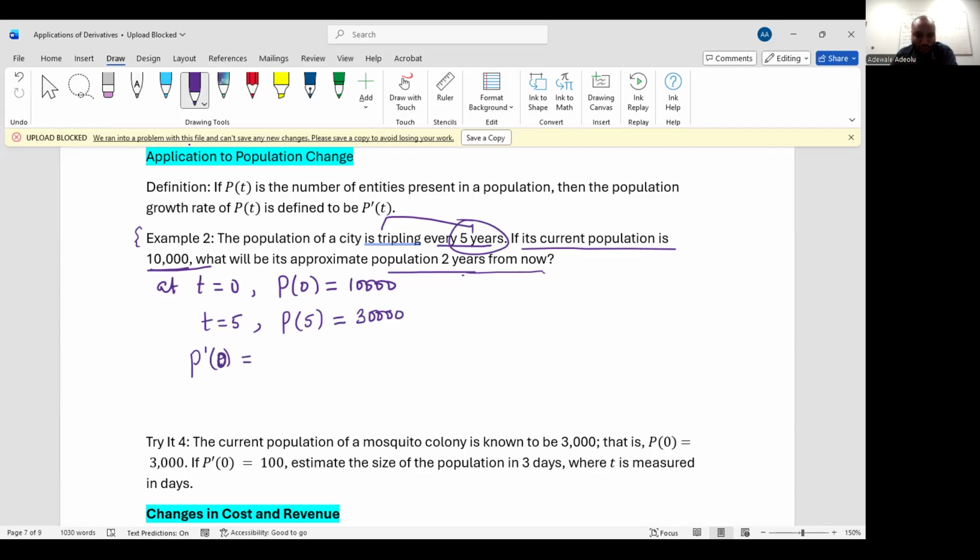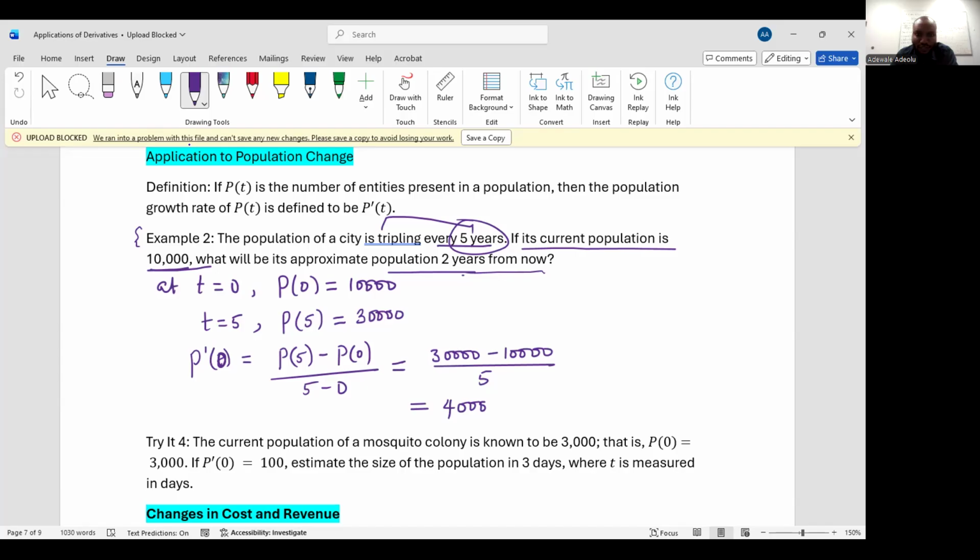Which is P of 5 minus P of 0 over 5 minus 0, which is 30,000 minus 10,000 divided by 5. That is 20,000 over 5, that is 4,000.